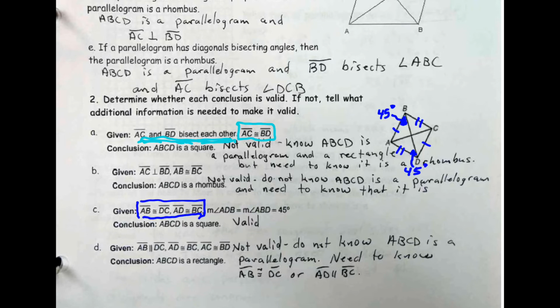So we know it's going to be a rectangle because of the triangle sum theorem. Since those are 45, the triangle sum theorem tells me that this then would have to be a right angle. So then we know that we have a rectangle, since we have at least one right angle.